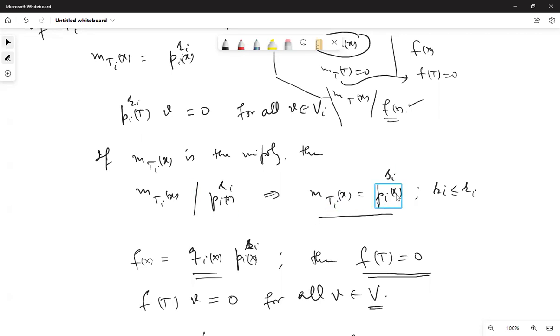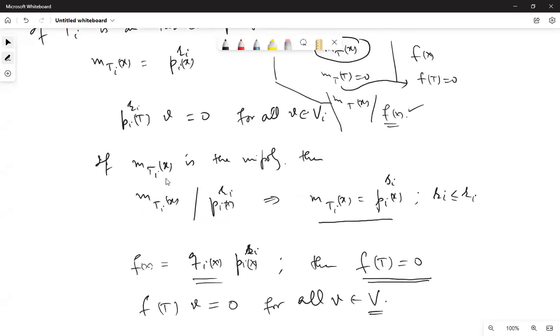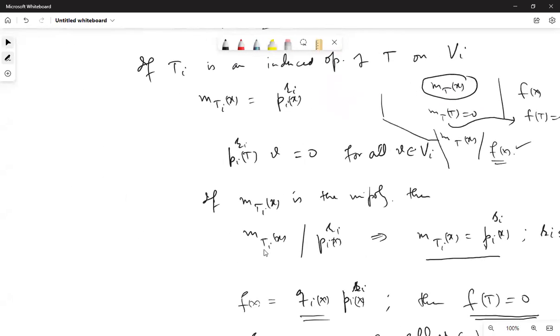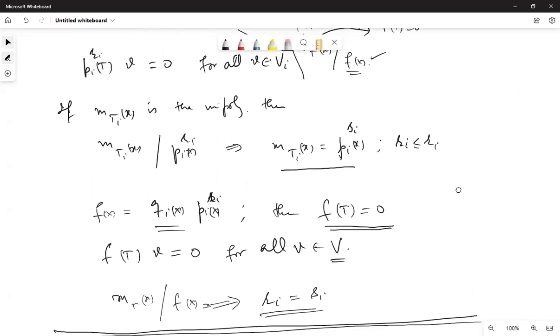That means this is Pi(x) raised to some power si, where si is less than or equal to ri. Yeah, I understand that it's an irreducible polynomial, but what I'm trying to say is that it can be some g times Pi to the power ri. Cannot that happen? But this is the induced operator Ti. Oh, got it. No, I got it. Thank you.